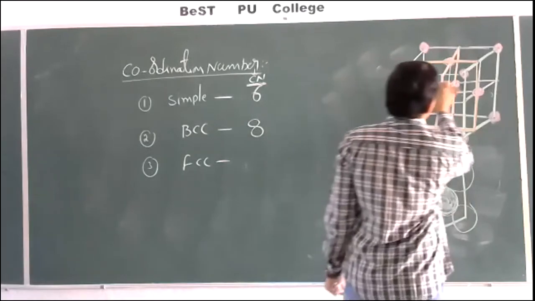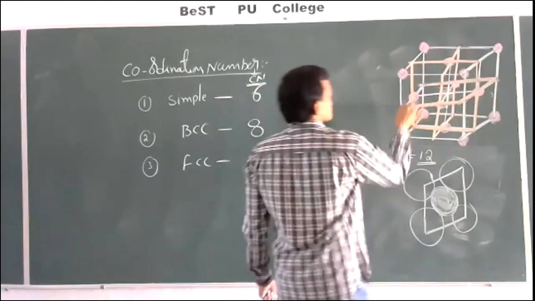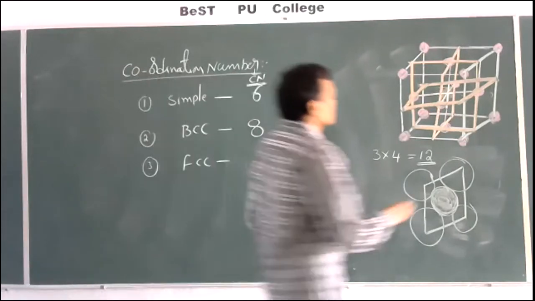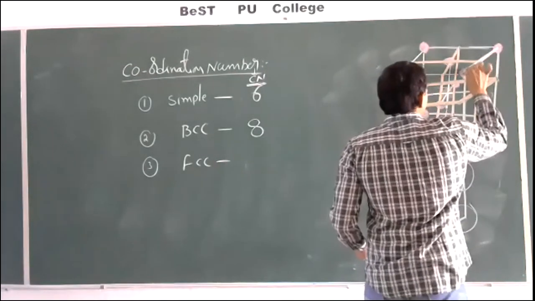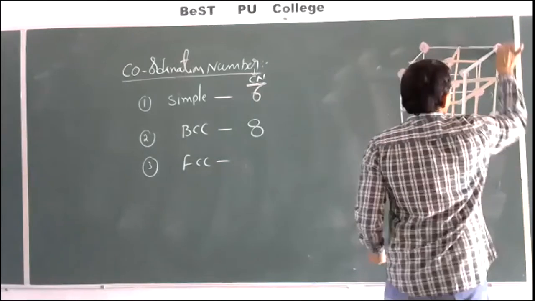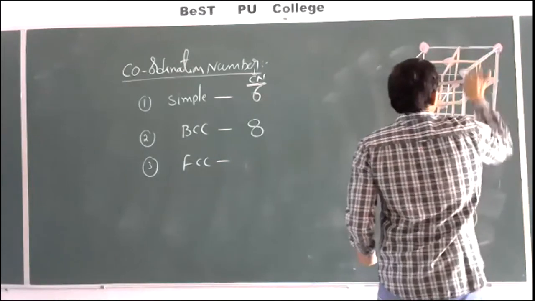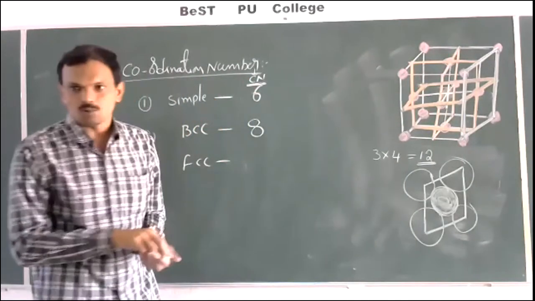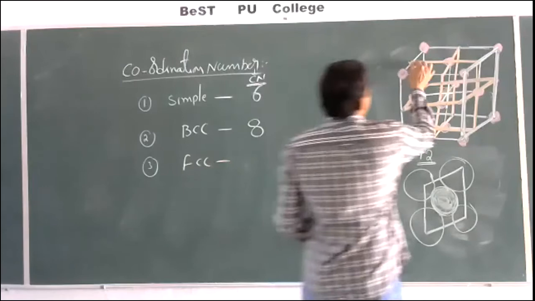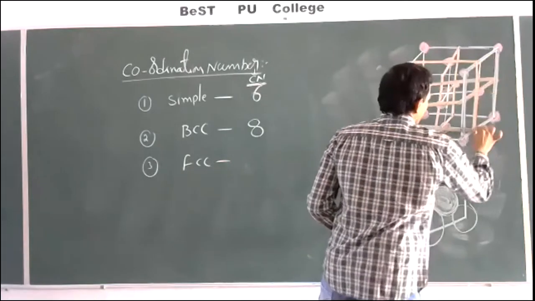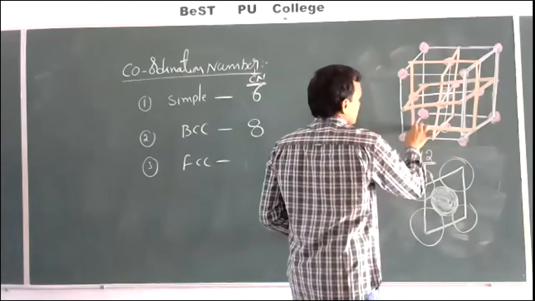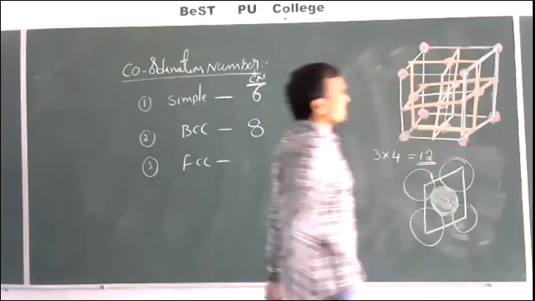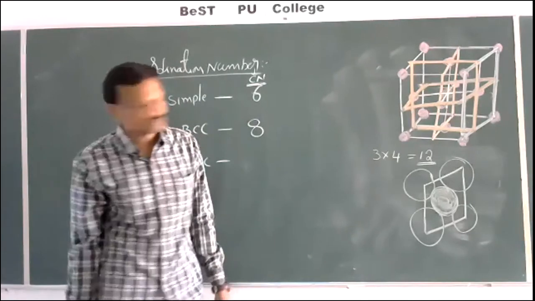One more plane I will take here, this is the third plane. So what I mentioned here with orange color on the board, 3 planes I have taken here. This is one plane, this is the second plane, and this is the third plane. Total 3 planes.